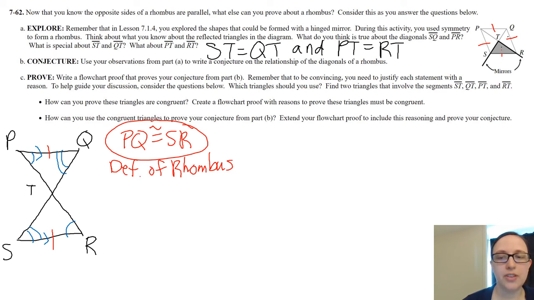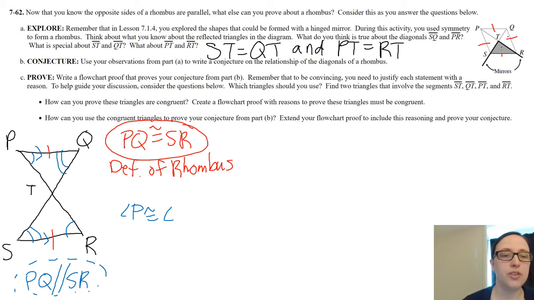I don't have a ton of room, so just as a side note, I'm going to put PQ is parallel to SR. We know that because that's a property of a rhombus. And so then I can say that angle P is congruent to angle R and angle S is congruent to angle Q.